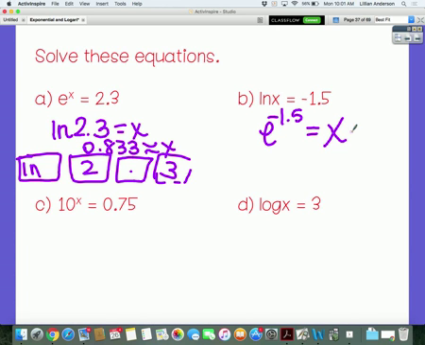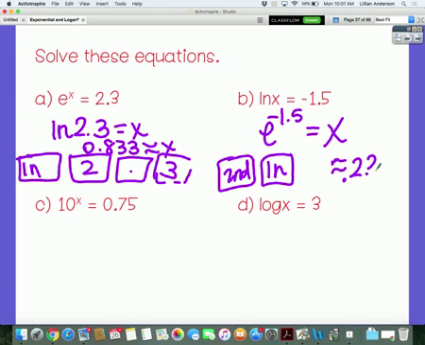Same concept as before, so we go to e. E is located by pressing the second button and then your ln button. Okay? So if you press second, then ln, you get the e feature. Some of y'all will get like just the caret. Some of y'all actually go into the exponent. You type in negative 1.5 and you get 0.223. There you go.